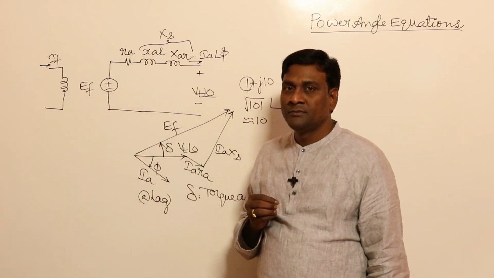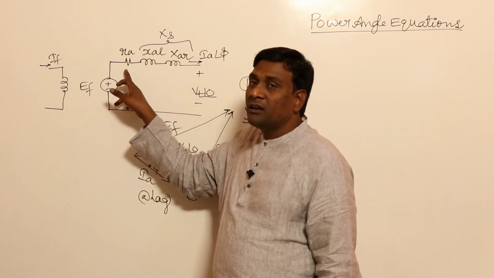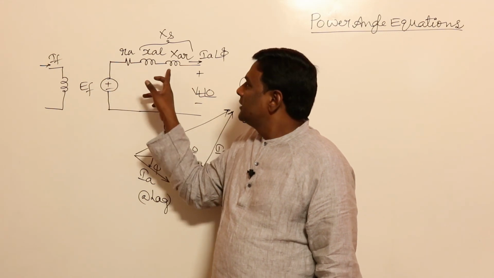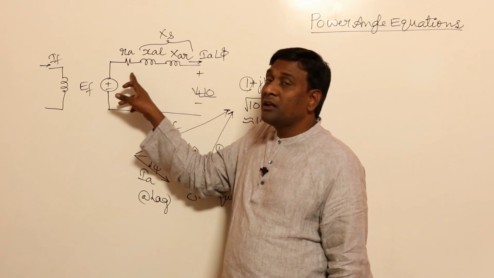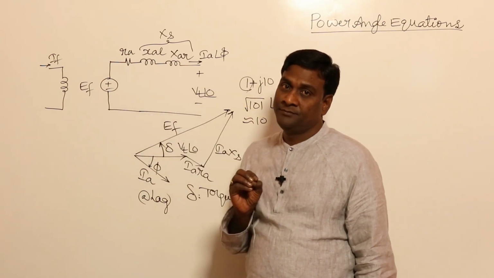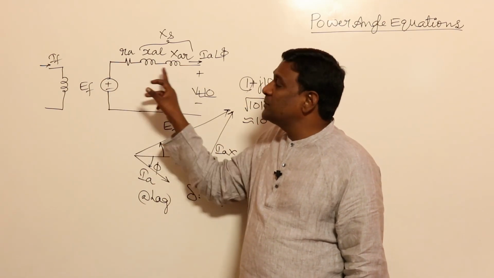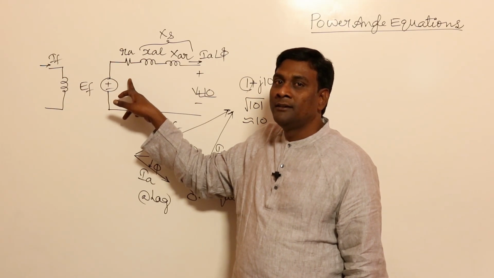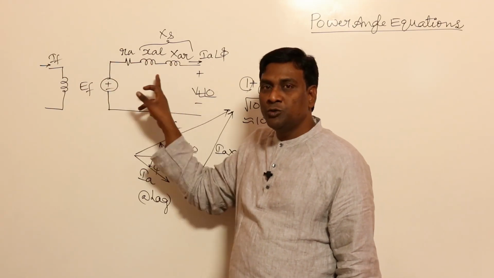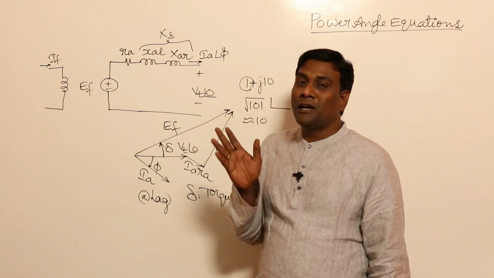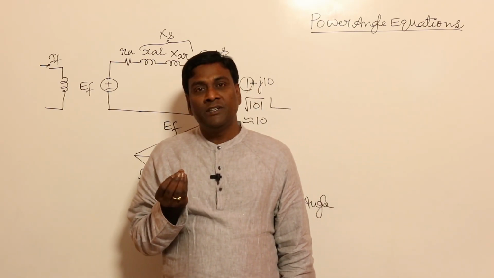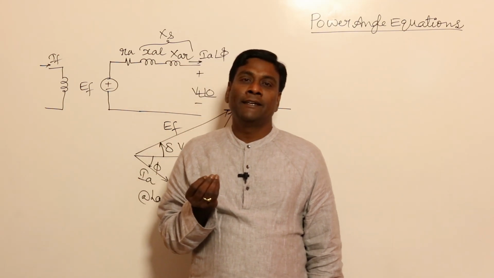Now next, the X by R ratio comes into the picture. For a transformer, the X by R ratio will vary from 2 to 6. In an induction machine, the X by R ratio should be at least more than 5, and in a synchronous machine it should be more than 10. It means that the moment the X by R ratio is very high, armature resistance can be neglected, except in calculations of efficiency and heating.